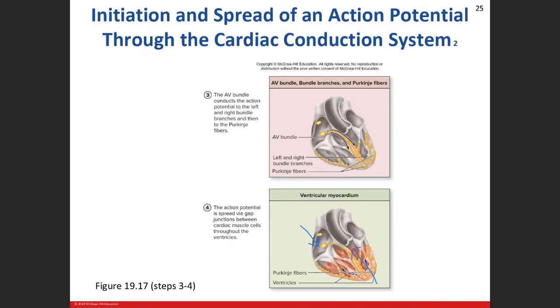The atria contract from the top down to push the blood into the ventricles. Then when the ventricles contract, they contract from the apex of the heart and push the blood upwards and out through the semilunar valves, into the aorta and into the pulmonary trunk.